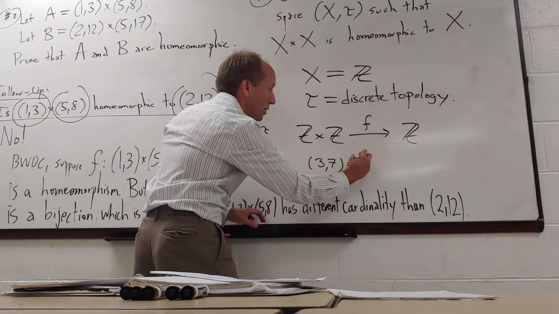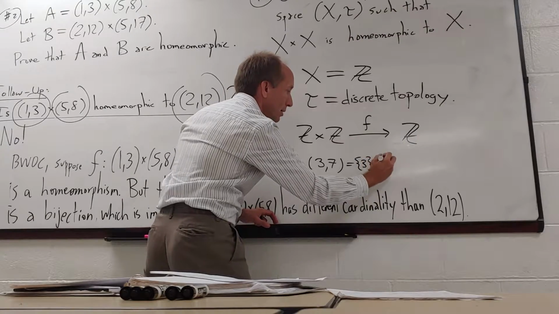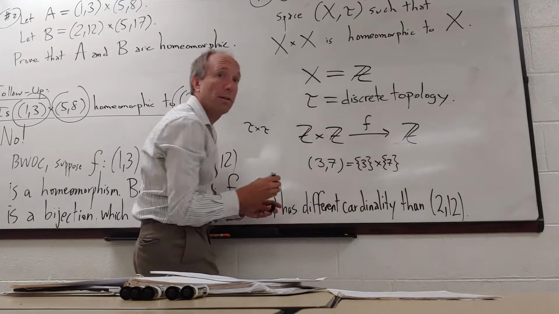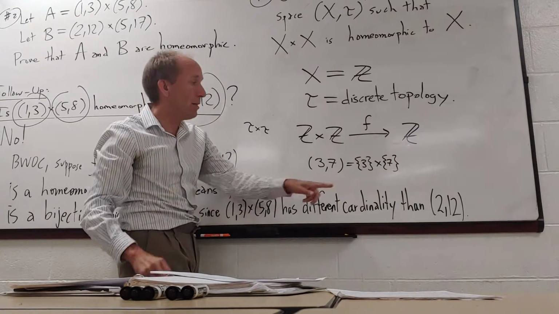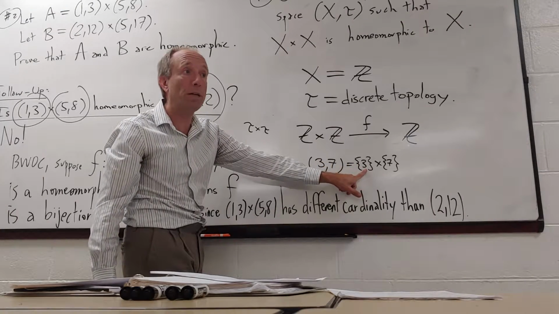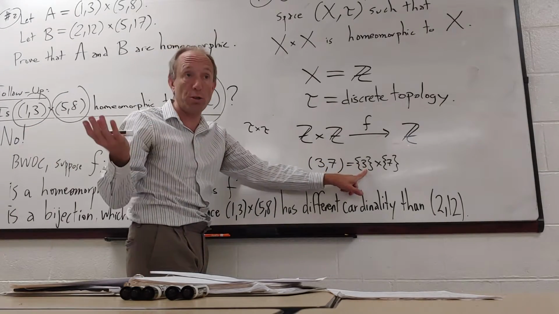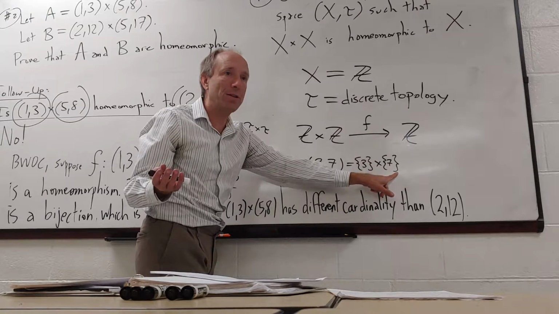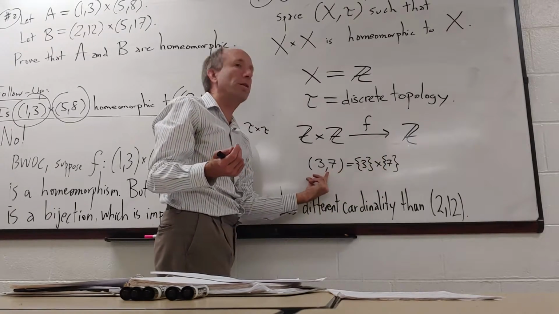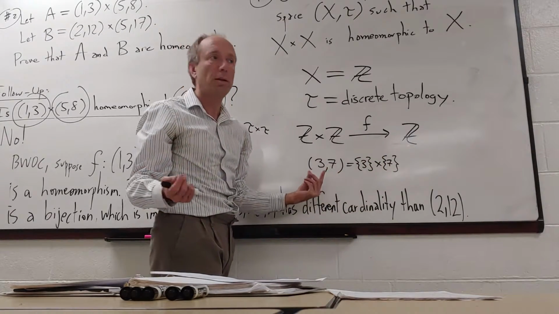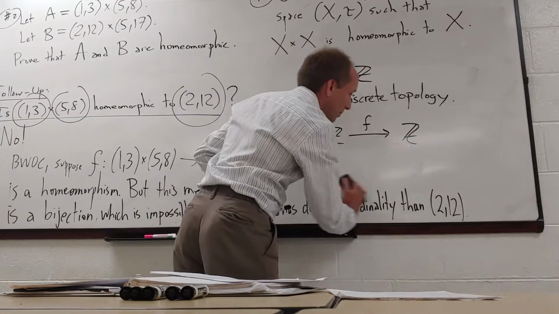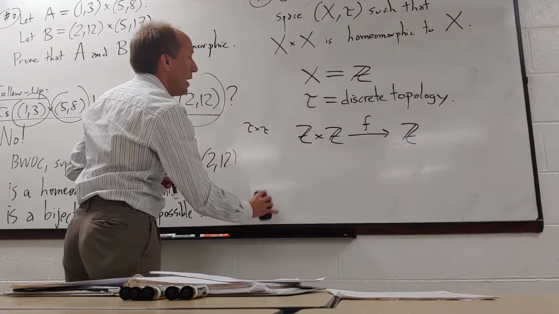So I can view this as {3} cross {7}, essentially. This is the point, and this is open because everything's open, and I'm taking its cross product, so therefore this is open. Great. Let me write something down for the notes on that.